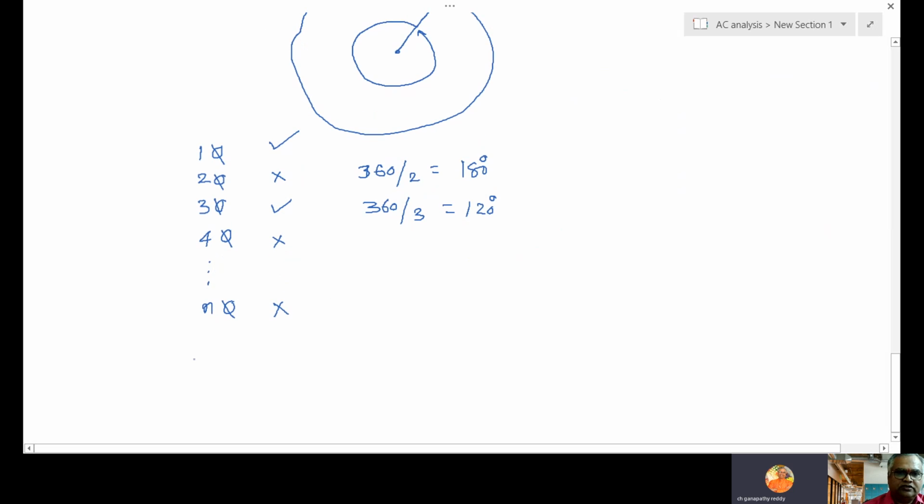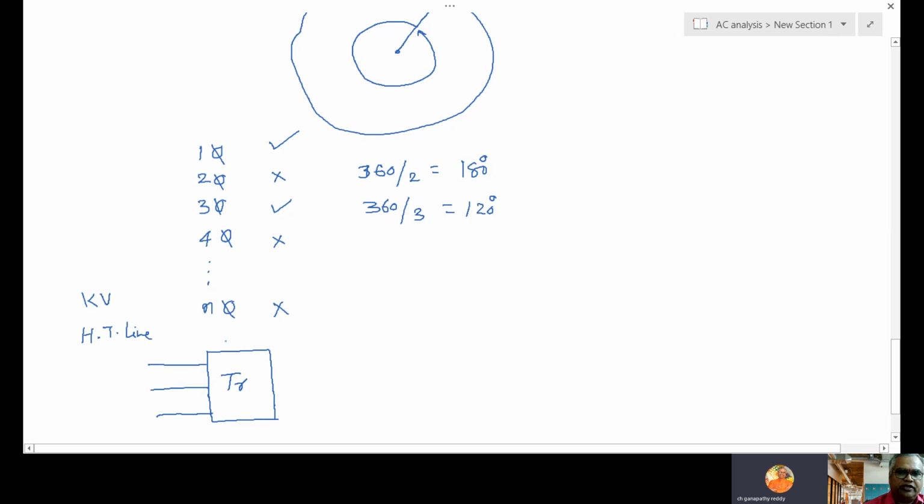Now coming to the transformer, what is the function of a transformer? A transformer transfers the power from primary to secondary. So this HT line, HT means high tension, of the order of kilovolts, kV.